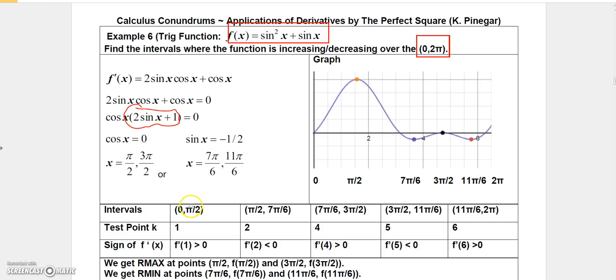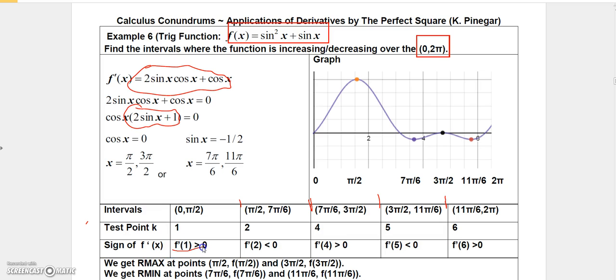So now I've put these in order here: this right here is pi over 2, this is 7 pi over 6, this is 3 pi over 2, and then this is 11 pi over 6. Remember we're starting at 0, so the first interval would be 0 to pi over 2. If you pick a number in that interval like 1, you can plug 1 back into this derivative and evaluate it on your calculator, and you'll get a positive number.